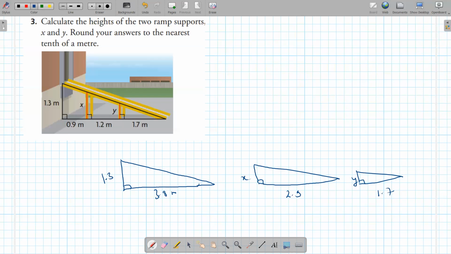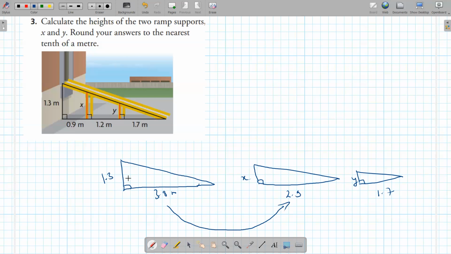Again, find the scale factor. Let's do it for x first. Compare 3.8 with 2.9. What does that give? 1.3.